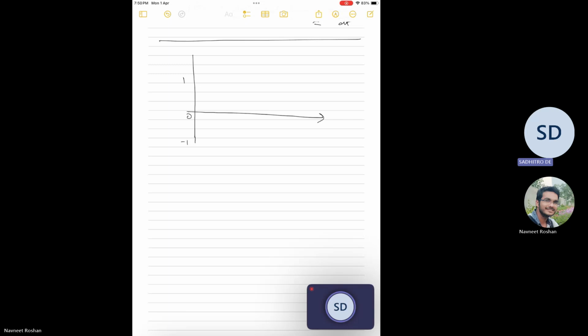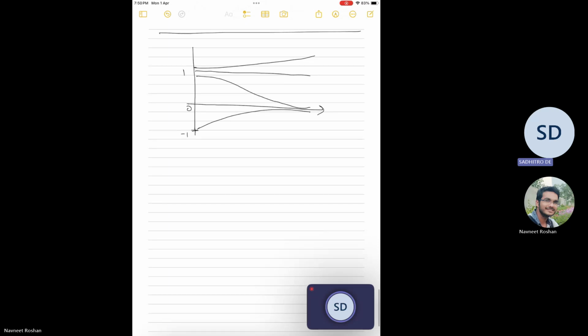So basically this is one solution. This is one solution. This is again one solution. And this is one solution. So how do you model the system?